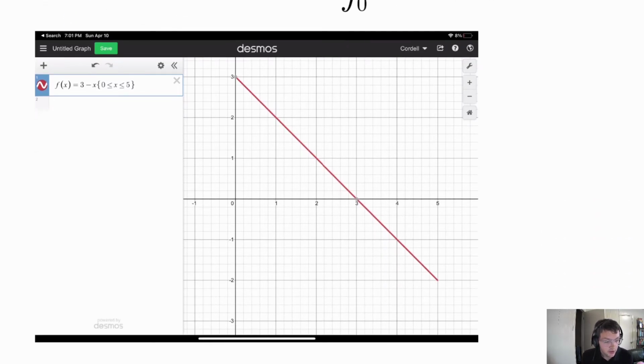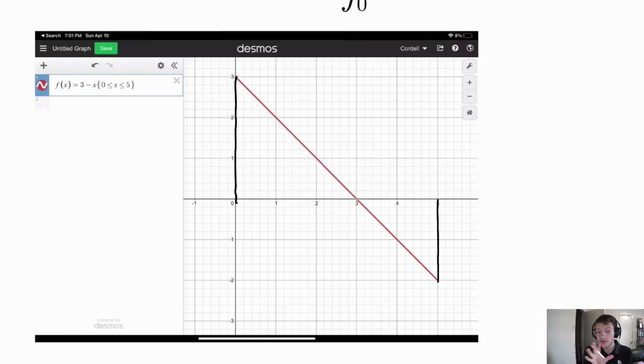Here I have the curve f of x equals 3 minus x, and we're given that x is between 0 and 5. We have this endpoint here and this endpoint here, and our goal is to compute the area under this curve.